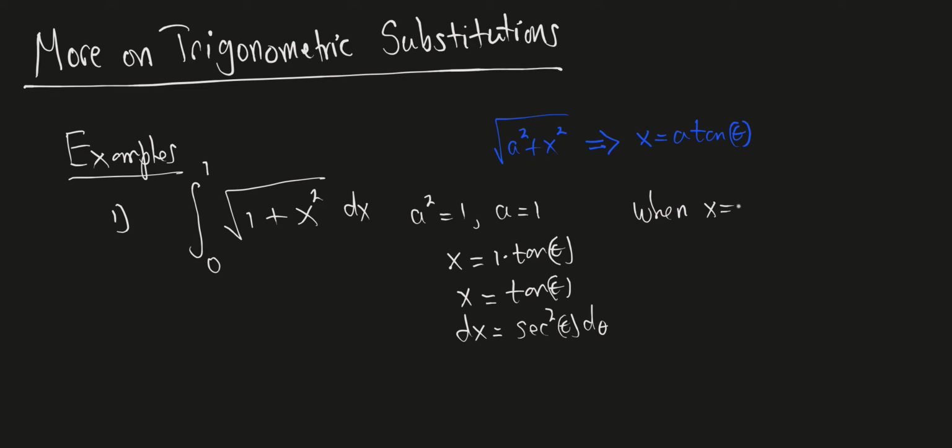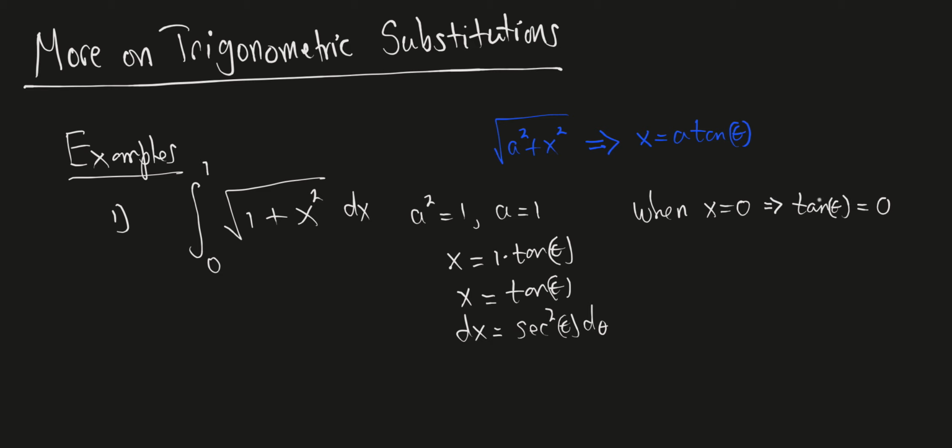When x is equal to 0, using this equation, we actually end up with a trig equation to solve. So when x is equal to 0, we have that tangent theta is equal to 0. And remember our assumption that theta is between 0 and pi over 2?